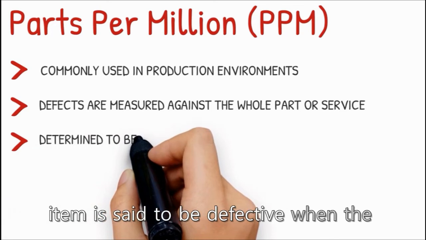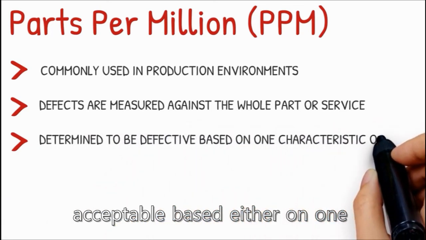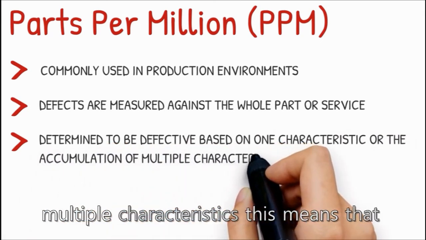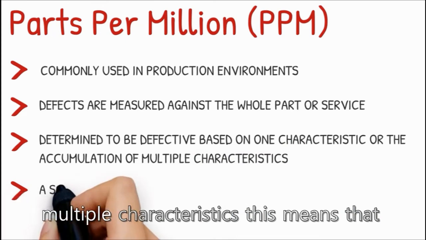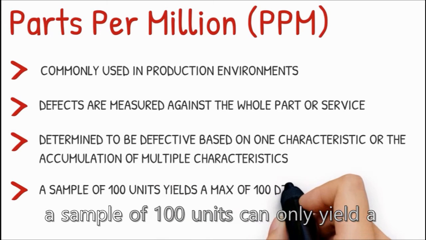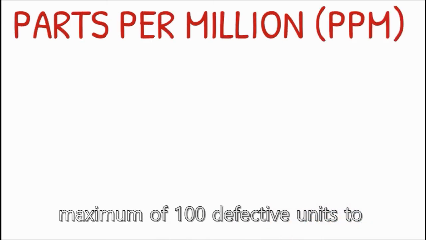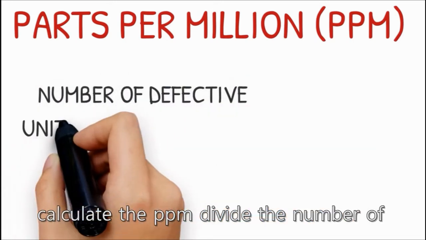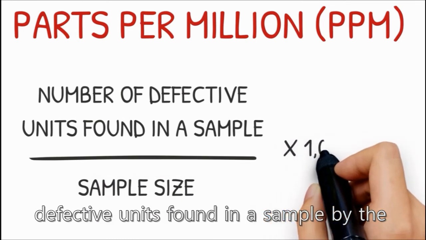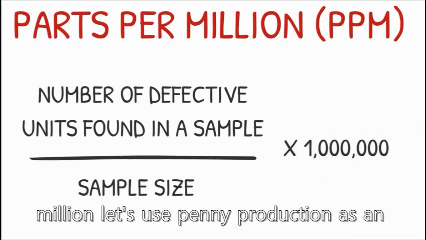An item is said to be defective when the decision is made that the item is not acceptable, based either on one characteristic or the accumulation of multiple characteristics. This means that a sample of 100 units can only yield a maximum of 100 defective units. To calculate the ppm, divide the number of defective units found in a sample by the sample size, and then multiply that by 1 million.